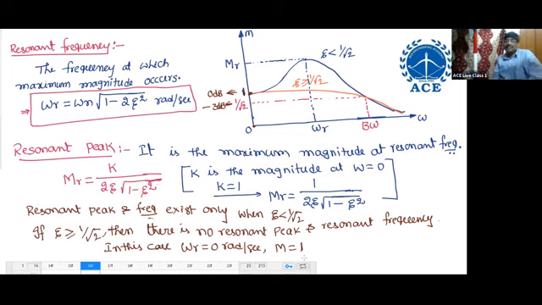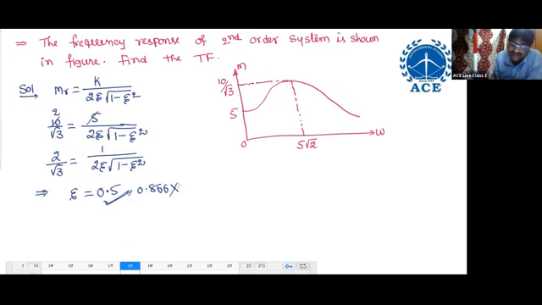If zeta is less than 1 by root 2, then only resonant peak and resonant frequency exist. That means here you have to consider 0.5. Zeta is 0.5. Next, calculate omega n. Omega r given is 5 root 2. That equals omega n root of 1 minus 2 zeta square.